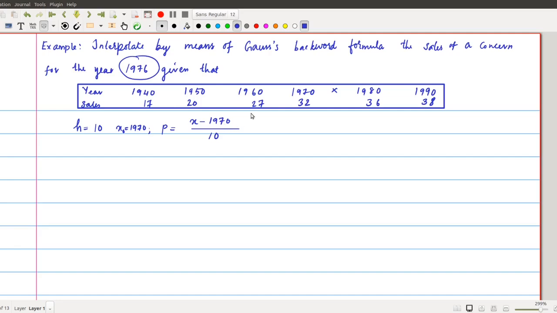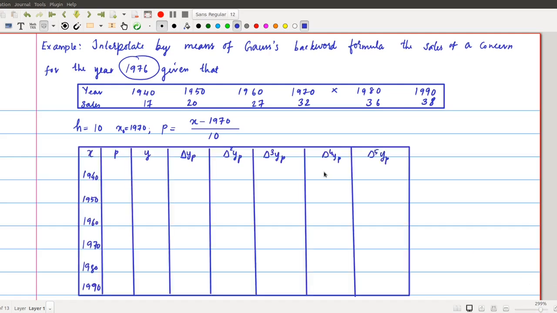Okay, so we set this as our p, then we construct the table. This is the table. These are the x values. Now we evaluate the p value for each of these x's. That is 1940 minus 1970 divided by 10 and so on.